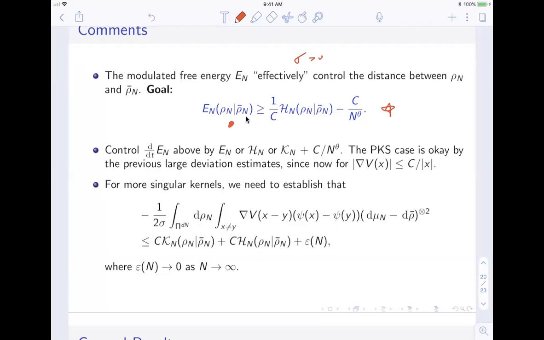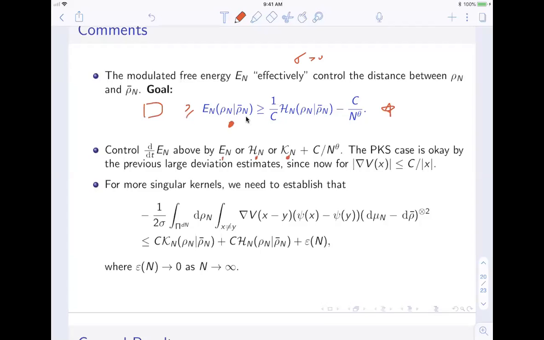Second, we need to control this from above as well. We need to control this either by just the relative entropy or the free energy or the interaction energy, or both.